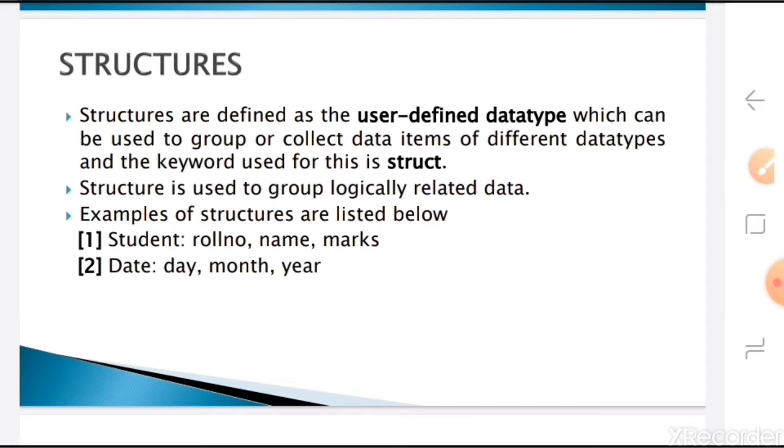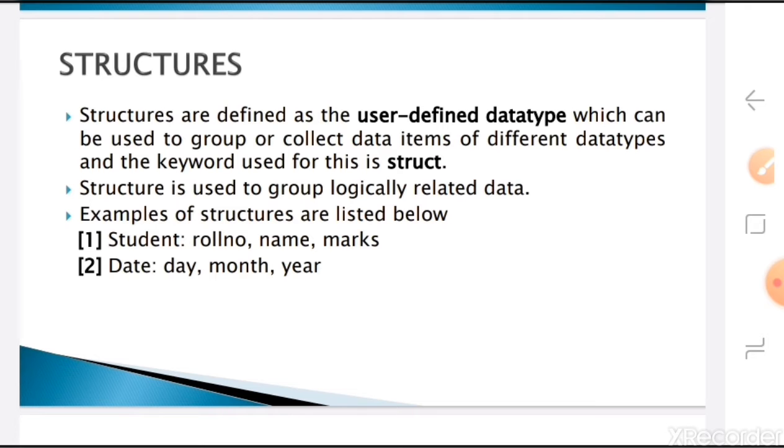Now here we don't want only similar data types, we can have different data types also. Roll number as an integer, name as a string, marks as a float. All three are different data types. Those three different data types we combine in one unit, which is called a structure.